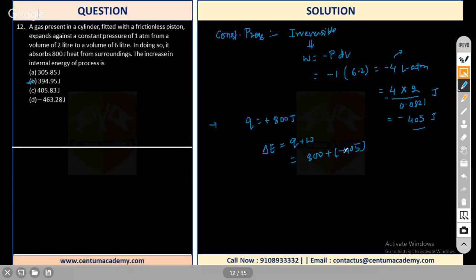So approximately you are getting minus 395 joule. Hence option B is correct.